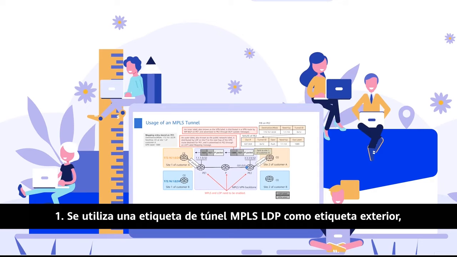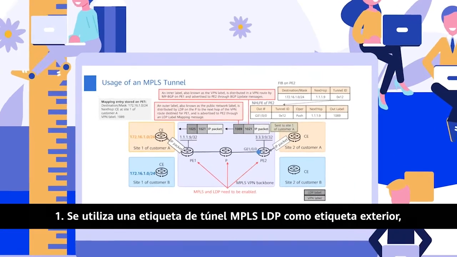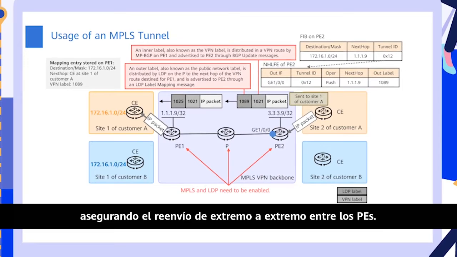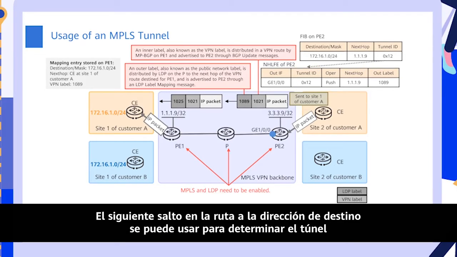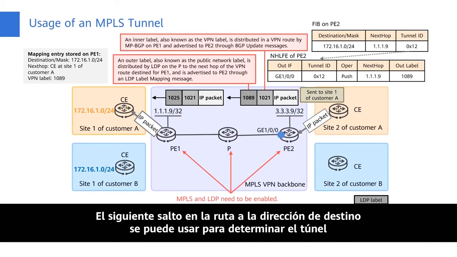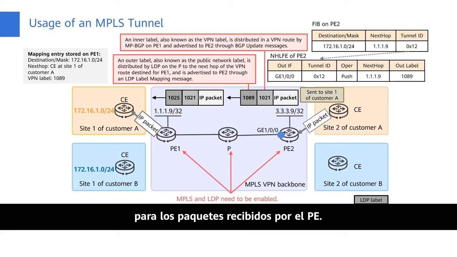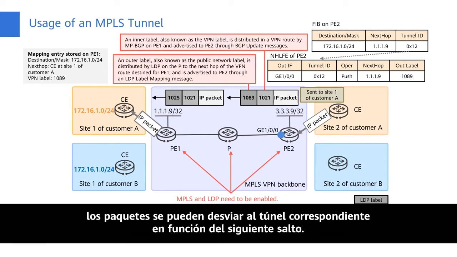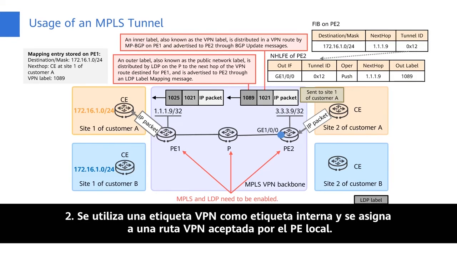An MPLS LDP tunnel label is used as an outer label, ensuring end-to-end forwarding between PEs. The next hop in the route to the destination address can then be used to determine the tunnel for the packets received by the PE. In other words, the packets can be diverted to the corresponding tunnel based on the next hop.